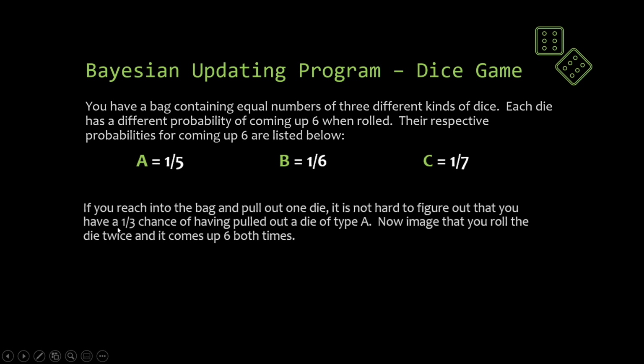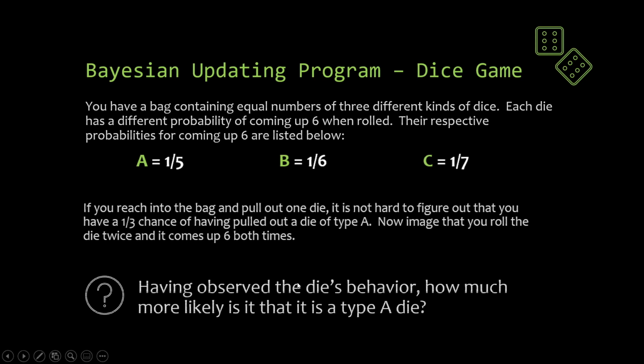Now the problem is, if you reach into the bag and pull out 1 die, it is not hard to figure out that you have a 1/3 chance of having pulled out a die of type A, because they're all in equal numbers. Now imagine that you roll the die twice and it comes up 6 both times. Having observed the die's behavior, how much more likely is it that it is a type A die? So basically you're revising your prediction.